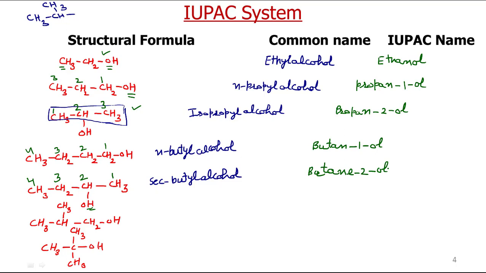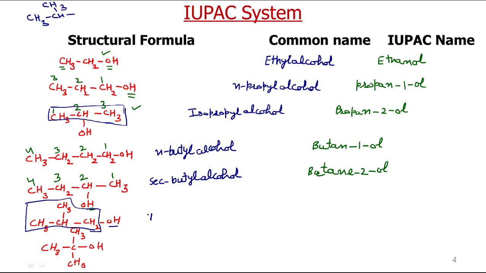Now let us come to this structure. So this alcohol is a primary alcohol. Why? Because the OH group is attached to this carbon which is attached to only 1 carbon. This is also a primary alcohol, so we cannot differentiate these by using primary butyl alcohol. So this group is called isobutyl group.